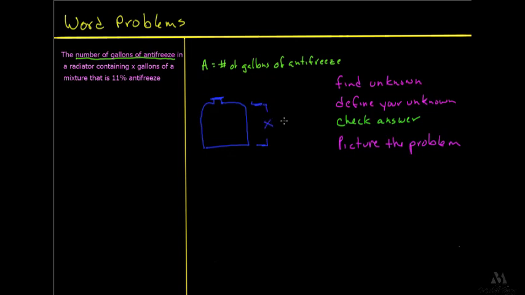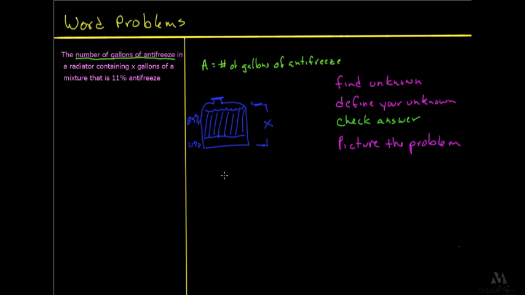I don't know how much it is. They call it X. What I do know is 11% is going to be antifreeze. So I'm just going to divide this out here a little bit. And here's my water. So the top half, all this up here is going to be water. And so there's 11% down here. And that would make this, what, 89% up here?